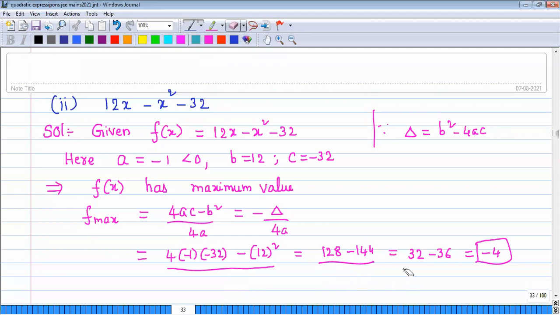This is minus 1, this is minus 4. You will be getting minus 32 plus 36. This one is 4.